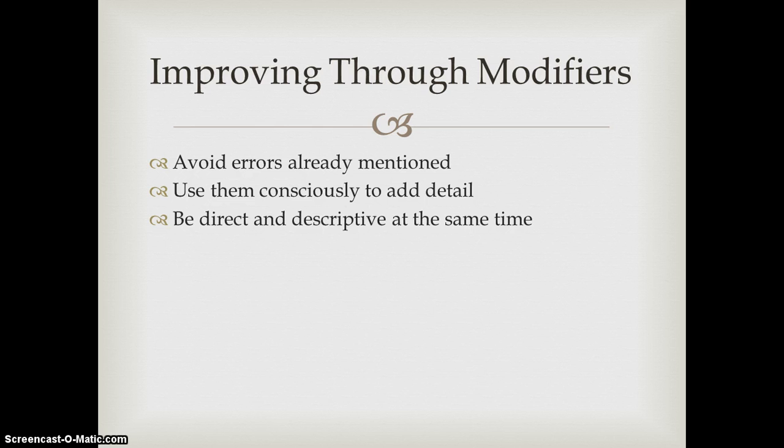You've got to be able to look at what you're doing and why you are doing it. And look to other writing samples and how they can balance being direct and descriptive at the same time. It'll help move your writing along and add some richness to it without going overboard and boring your reader by going, oh my gosh, just get on with it.